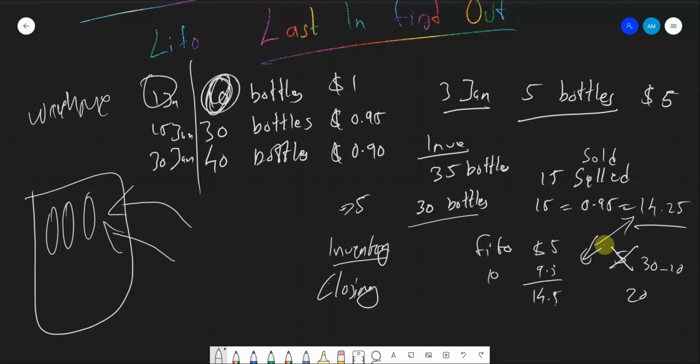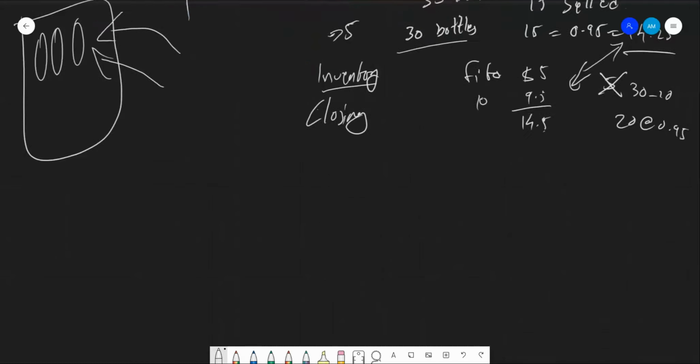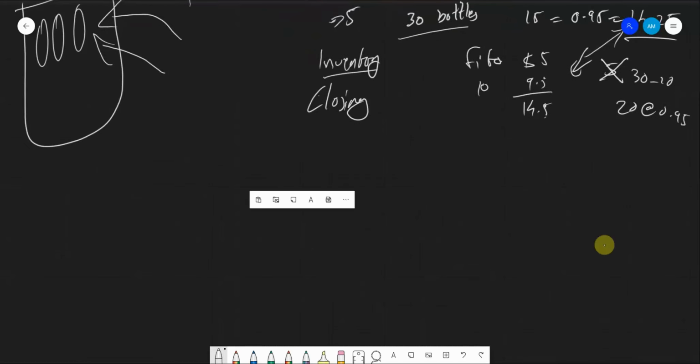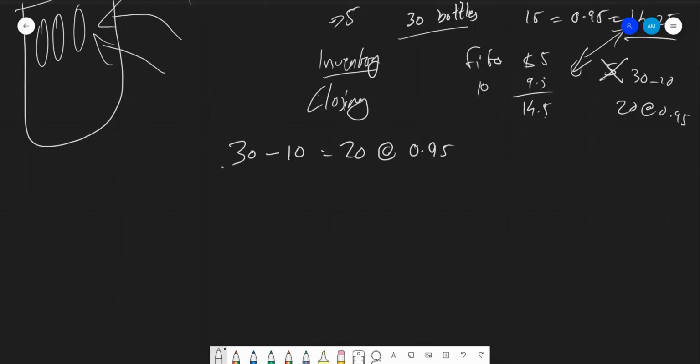So we have 20 remaining at 0.95. Let's get it straight. Out of the 30, we minus 10, and then we have 20 remaining at 0.95 if we go to the FIFO method, right?